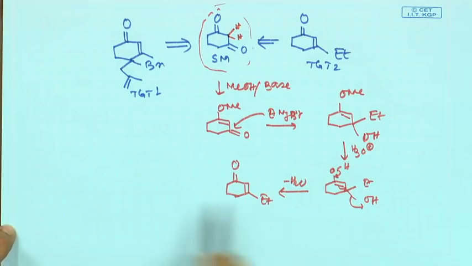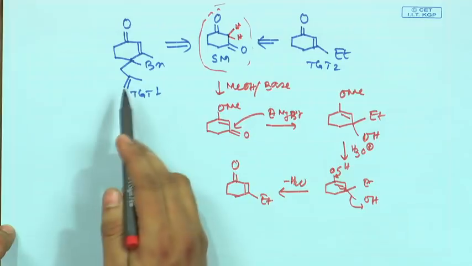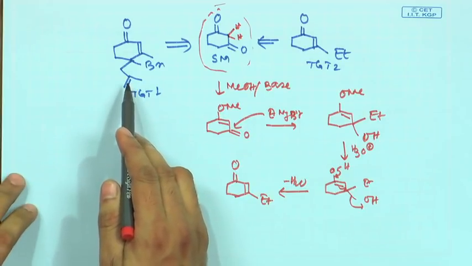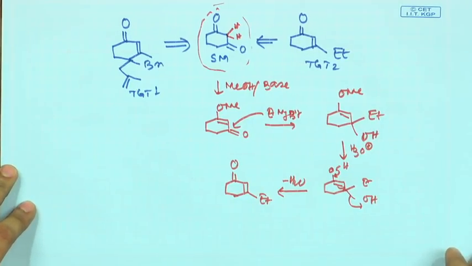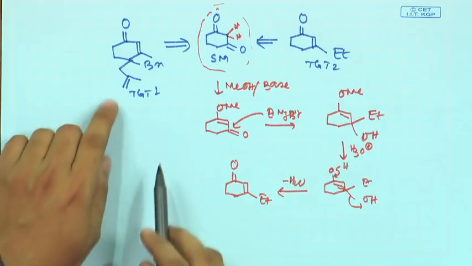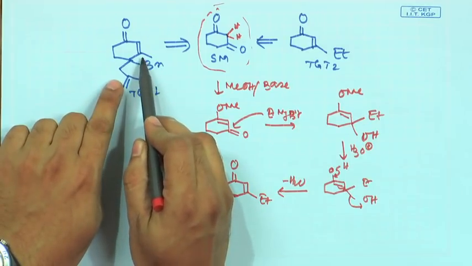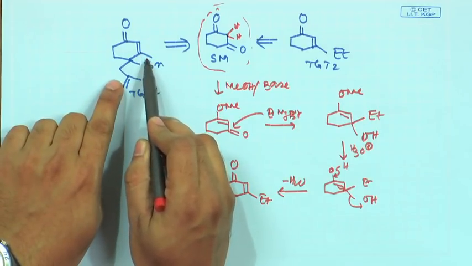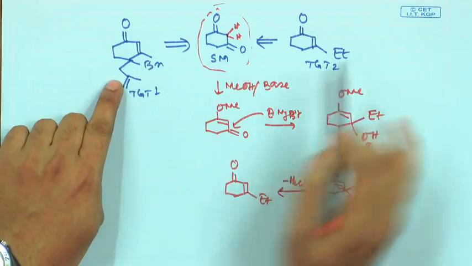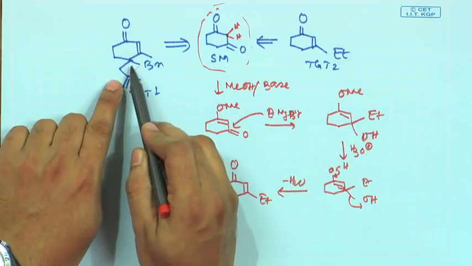Now, coming to the second target, that will be a little bit more difficult. It is not difficult in the sense, but for the second compound you need a similar kind of group. Here we need a methyl group, not an ethyl group. In addition, adjacent to the methyl group you need a quaternary carbon.